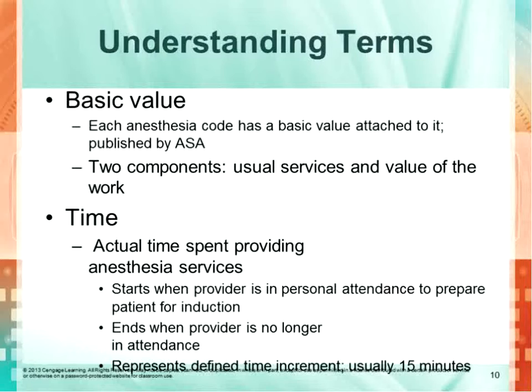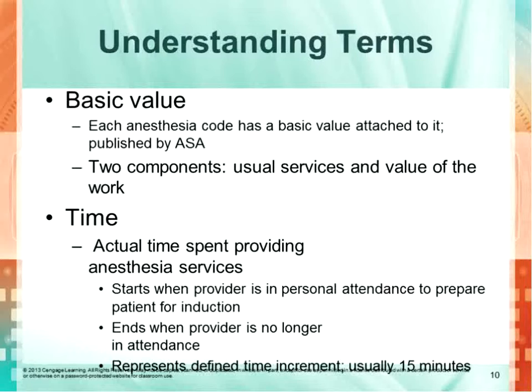All right, so in our formula, it was basic value plus time units. That was the second element of the formula. Your time unit represents the actual time that was spent providing the anesthesia service. Now, they do it in units. Your most common increment or unit is 15 minutes.